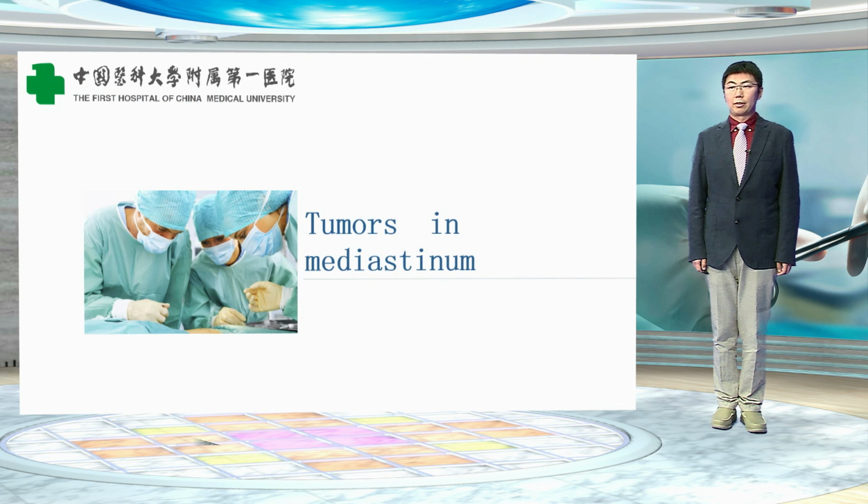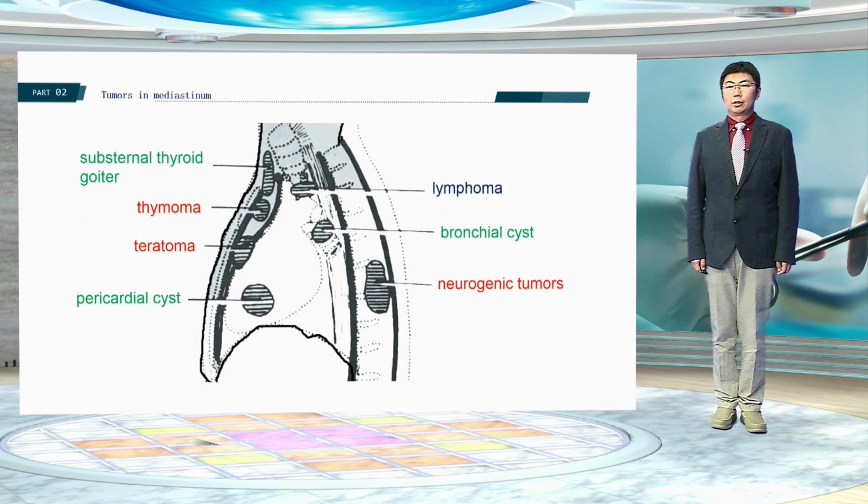After introducing the anatomy of the mediastinum, let's learn the important content of the class, the different tumors in the mediastinum. Different tumors are found in different regions. Most substernal thyroid goiters are found in the superior mediastinum.